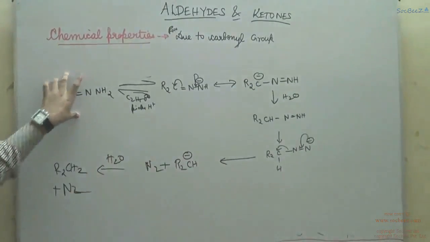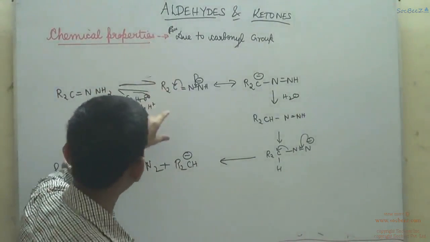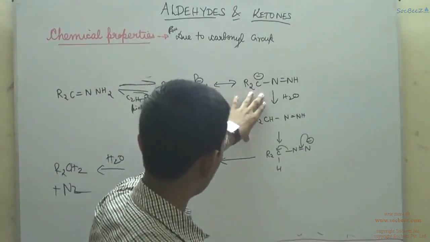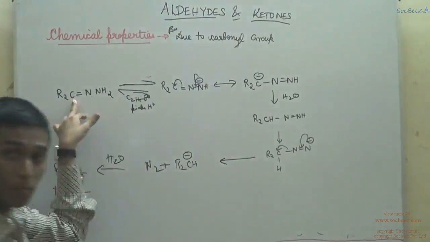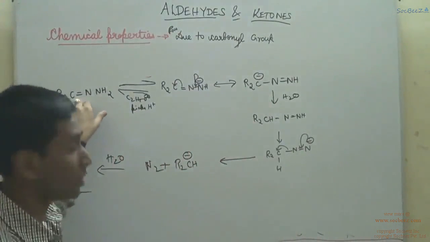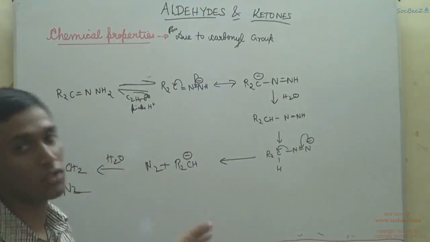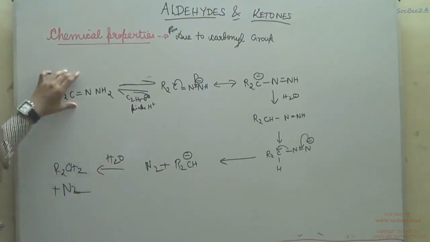Here in this particular thing, the formation of the anion of hydrazone is then protonated at the carbonyl carbon. So this was the carbonyl compound, the carbon of the original carbonyl group. So the original carbonyl group you treat with hydrazine or semicarbazide or azine.